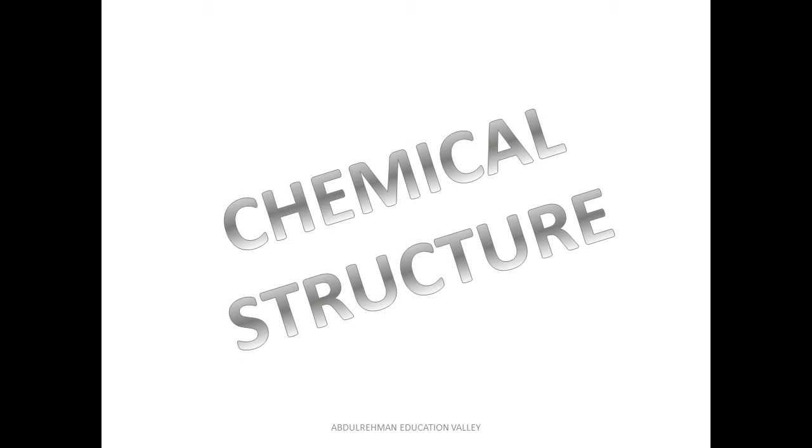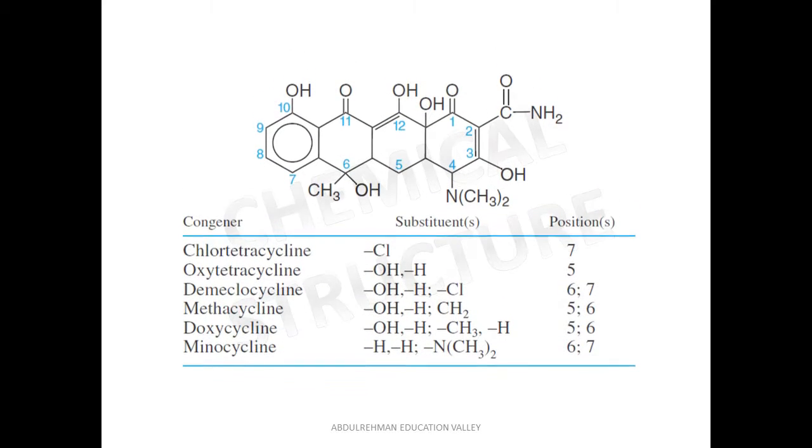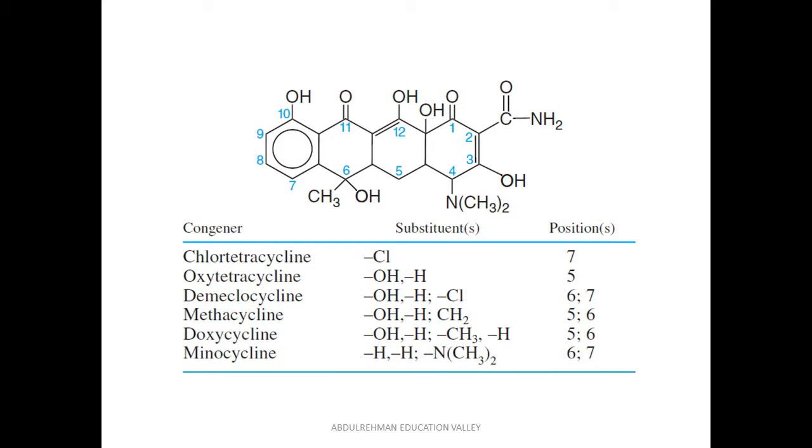Tetracyclines are a group of closely related compounds that, as the name indicates, consist of four fused cyclohexane rings with a system of conjugated double bonds. Substitutions on these rings are responsible for the variation in the drugs' individual pharmacokinetics, which cause small differences in their clinical efficacy.